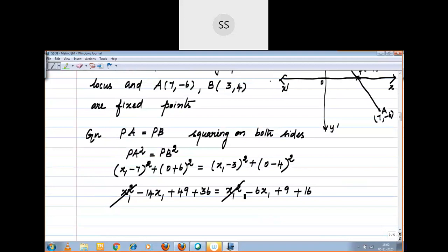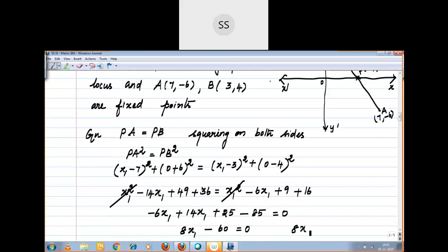Now, using a minus b the whole square identity, we are going to expand. x1 square minus 14x1 plus 49 plus 36 equal to x1 square minus 6x1 plus 9 plus 16. Got it? Now x1 square cancels because the coefficient of x1 square and the sign are the same on both sides of the equal sign, that's why we are cancelling, right?